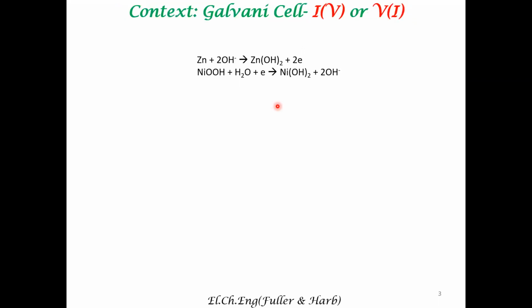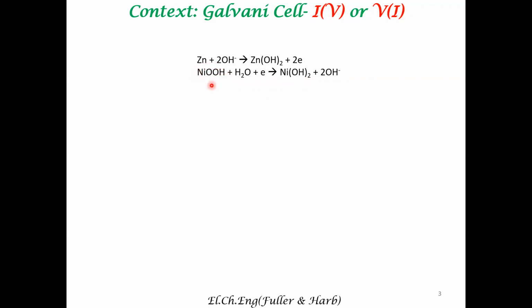But when you go to a full cell, there are two electrochemical reactions involved in two different electrodes. For example, to have a specific context, let's take a Galvani cell. When it is discharging, zinc gets oxidized and this compound gets reduced.